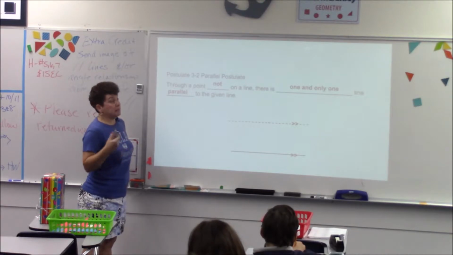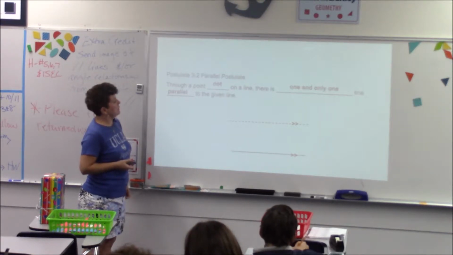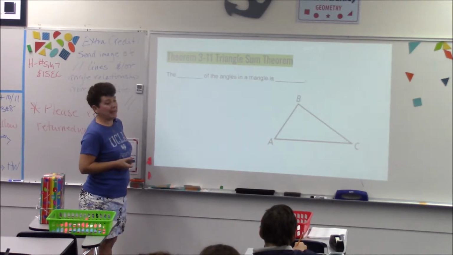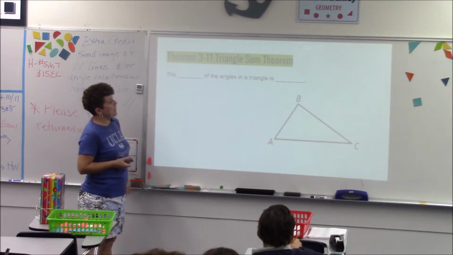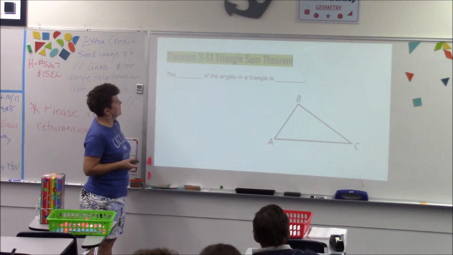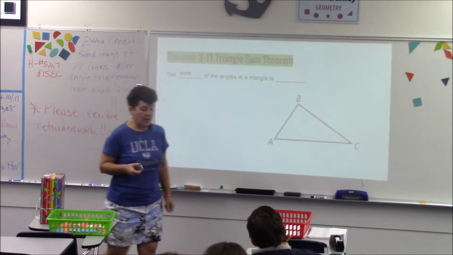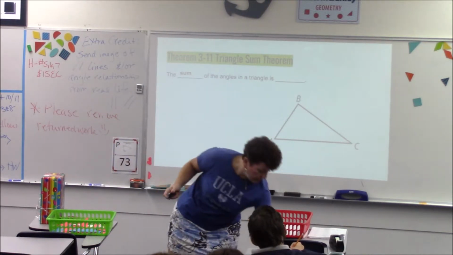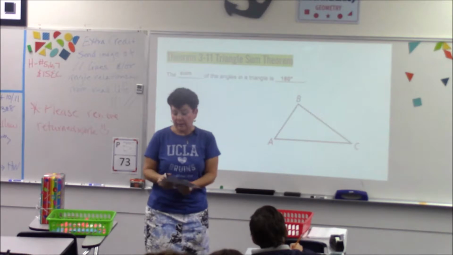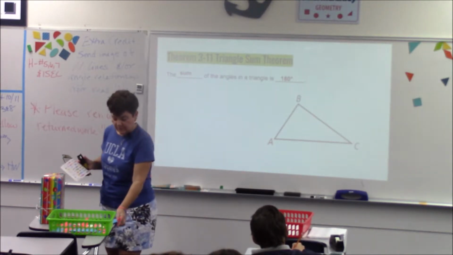And we use that to look at the angles in a triangle. 3-11. The triangle sum theorem says the sum of the angles in a triangle is 180 degrees.